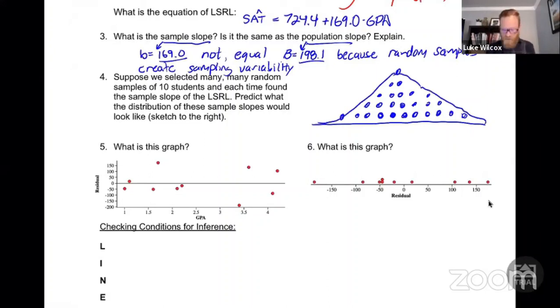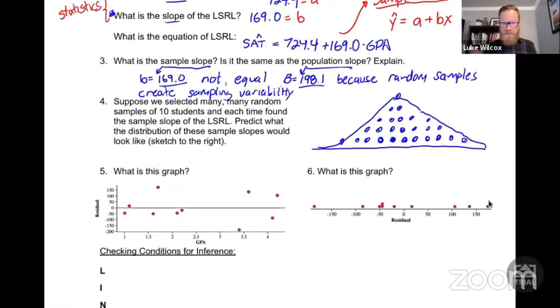Now, let's make sure that we understand what this distribution represents. If I were to pick a single dot there, what that dot represents is one random sample of 10 students. Then we calculate the line of best fit for those 10 students, grab the sample slope from that line of best fit, and plot that value right here. So that is one random sample and the slope calculated from that random sample.